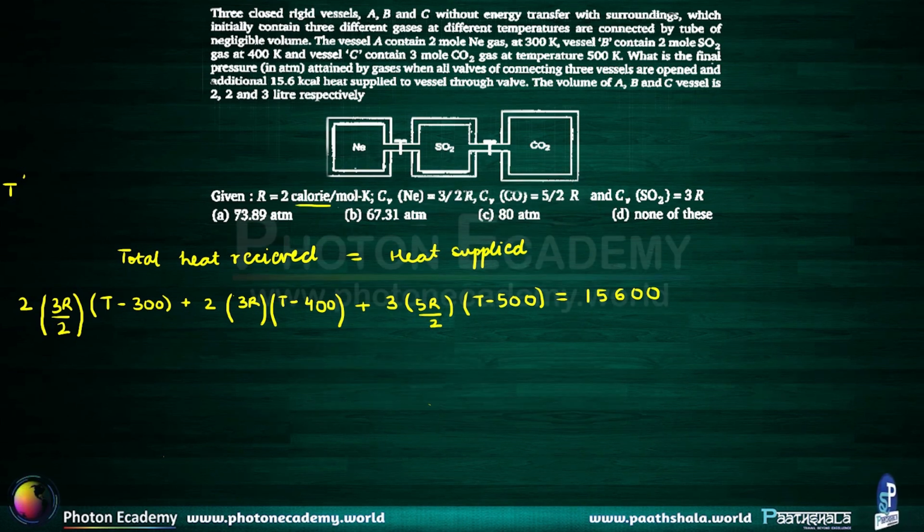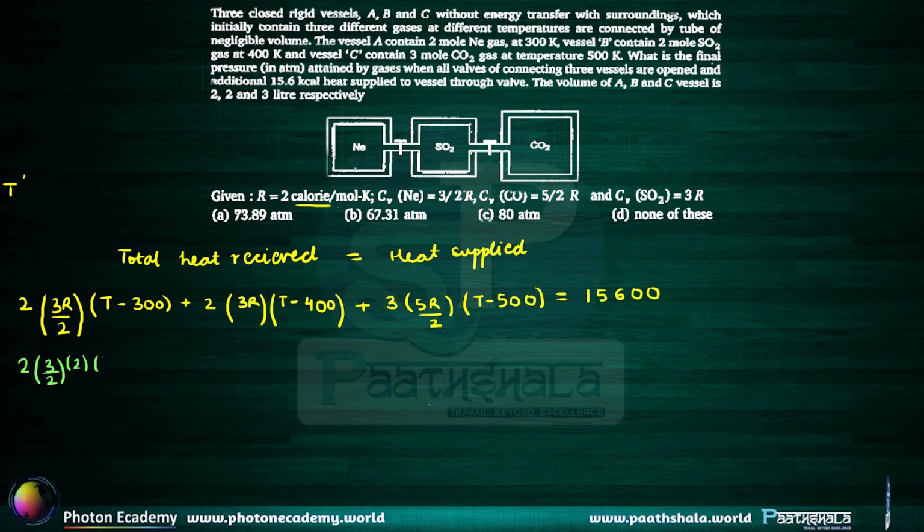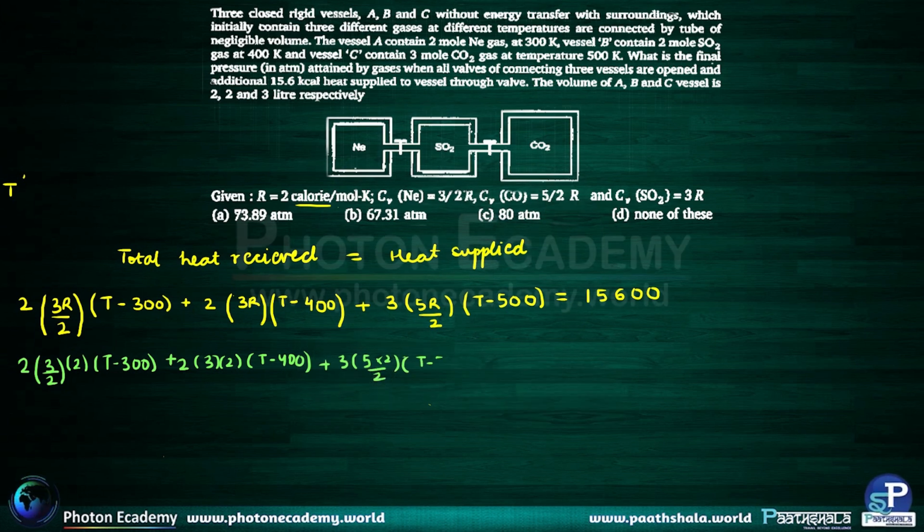Let's just plug in the values and try to separate out the terms. So 2 into 3 by 2 into 2 times (T minus 300), plus 2 into 3 into 2 times (T minus 400), plus 3 into 5 into 2 divided by 2 times (T minus 500).